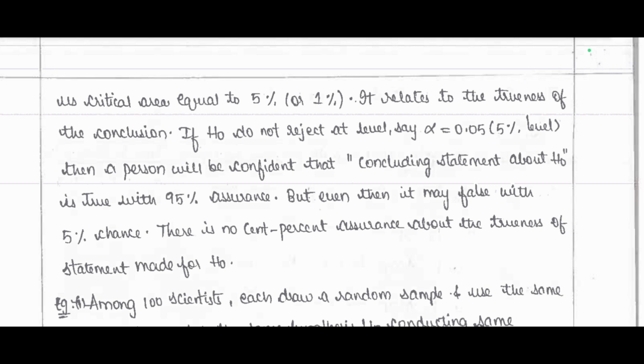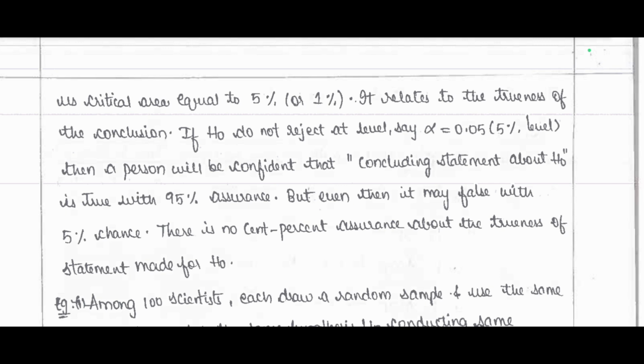If H naught is not rejected at the alpha level of 5 percent, then a person can be confident in concluding that the statement about H naught is true with 95 percent assurance. But even then, there is a 5 percent chance it may fail.